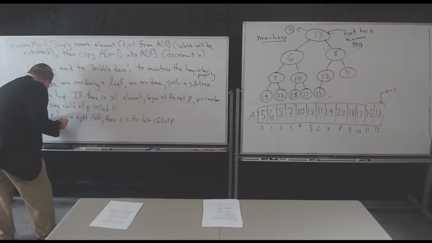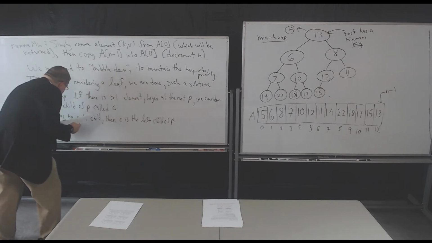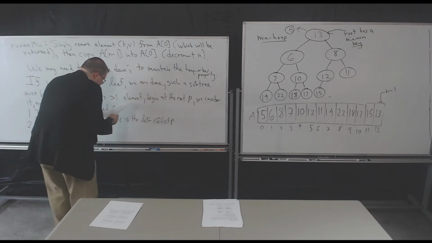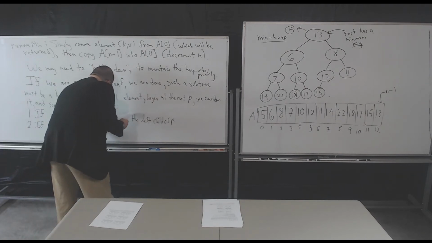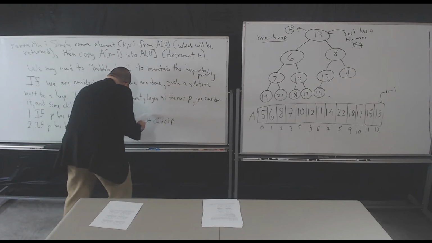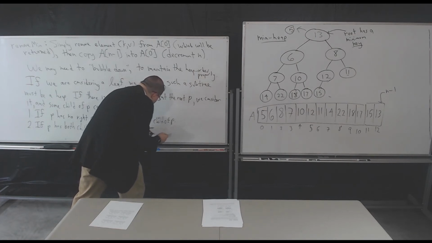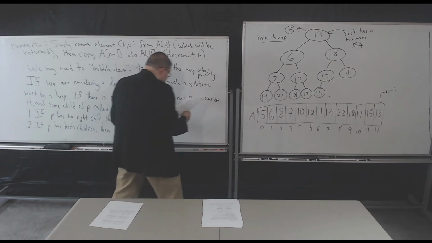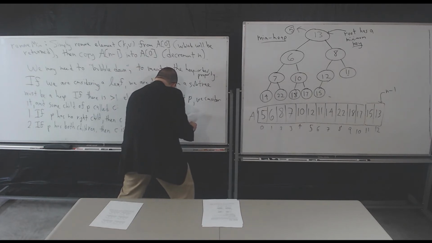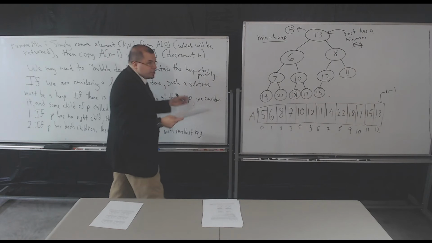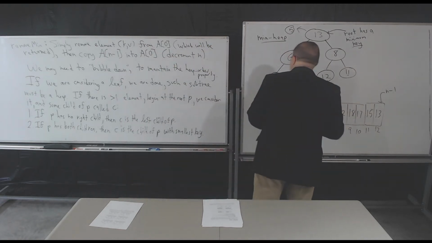If P has both children, then C is the child of P with the smallest key. So you're just going to look at your children, and pick the one with the smallest key, the higher priority one.